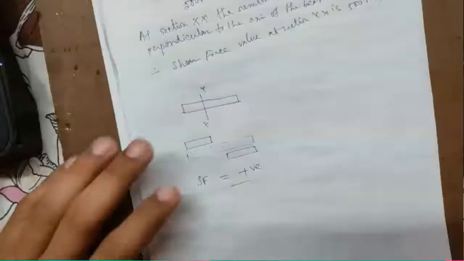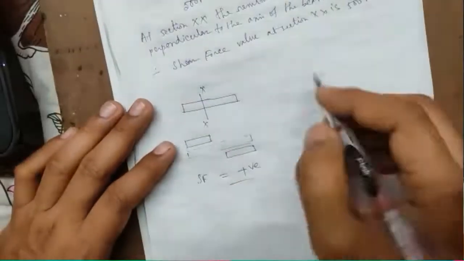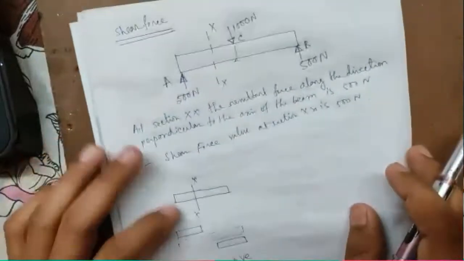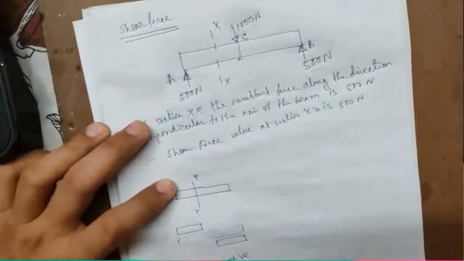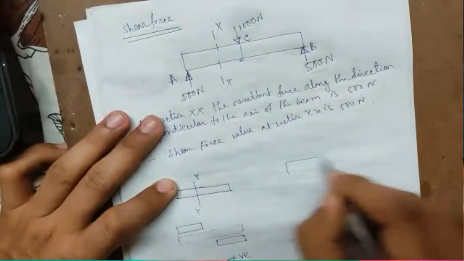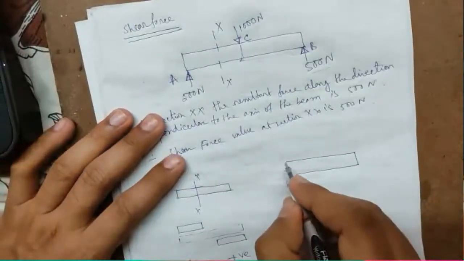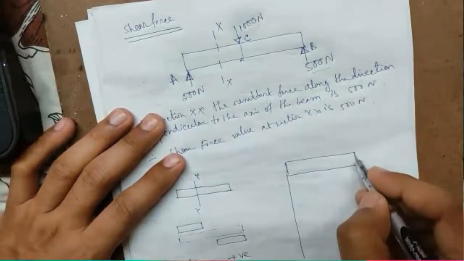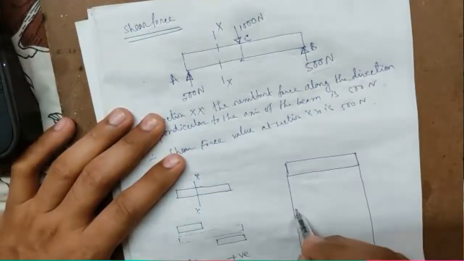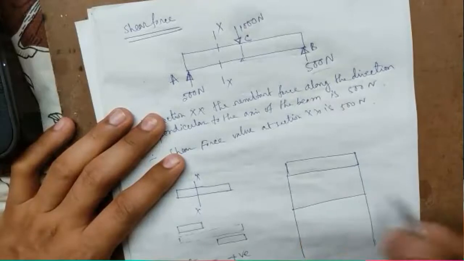So now if we want to draw the shear force diagram of the same problem, then we will draw like this. This is the beam. We'll extend this end. We'll draw a neutral line.